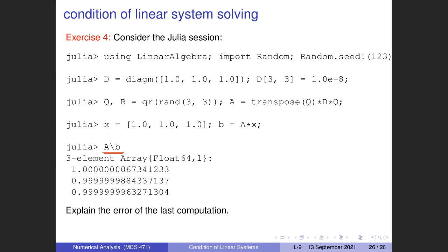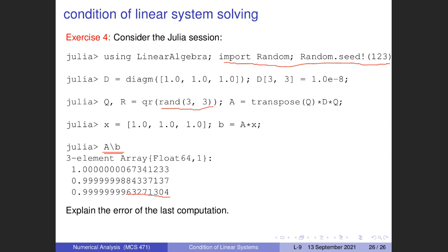Here I generated a random matrix, and because I want you to redo this experiment, I fixed the seed. The matrix that you get from the random number generator will always be different if you don't fix the seed. But here you should always see the same results, which means actually the same errors.